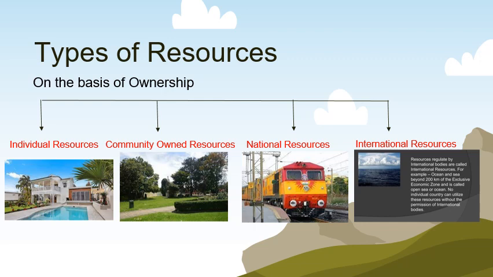Second is community owned resources. Like, for example, you have the burial ground, you have the grazing ground, you have the parks, etc. Okay, these are all accessible to the whole community members. Simple. Third is national resources. As the word says, national, all resources belonging to the nation.